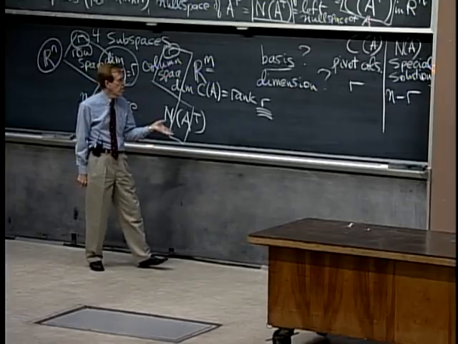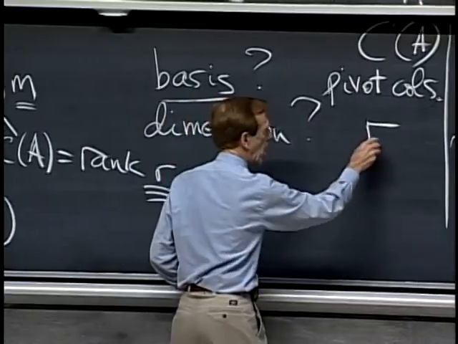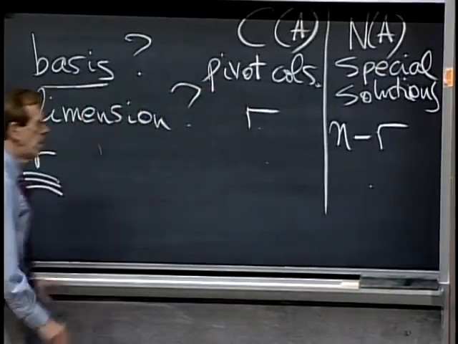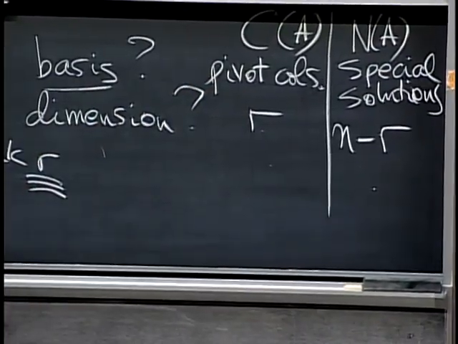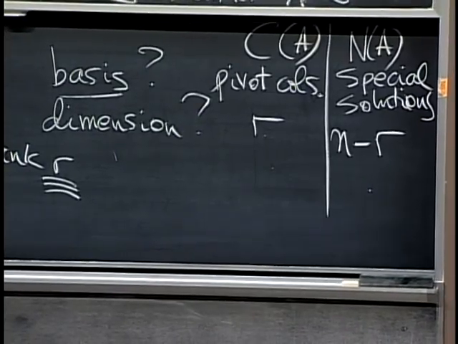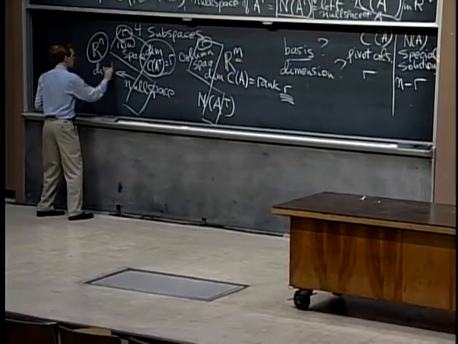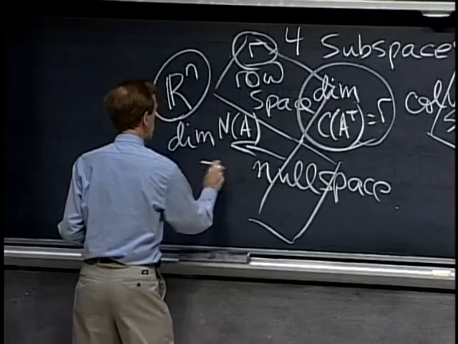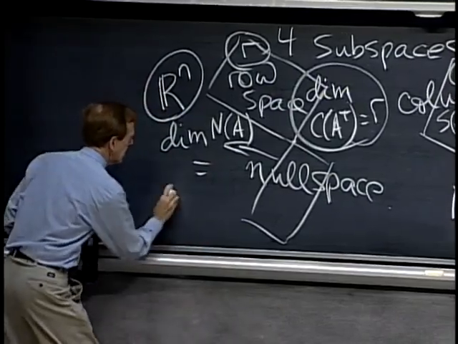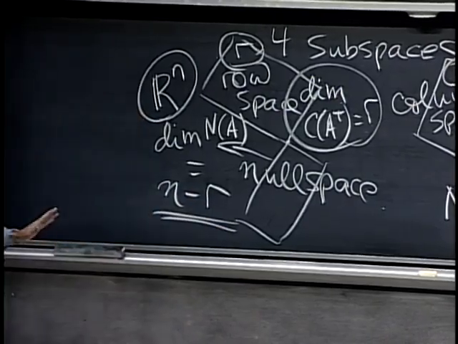If r is the number of pivot variables, this is the number of free variables. So the beauty is that those special solutions do form a basis and tell us immediately that the dimension of the null space is n minus r. I better write this well because it's so nice. And do you see the nice thing?